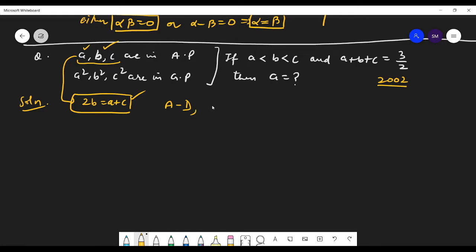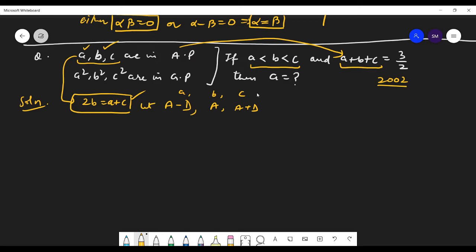Because you are finding their sum, that's the hint for me. Here C is the greatest, so D is definitely greater than 0. Got the question, students?